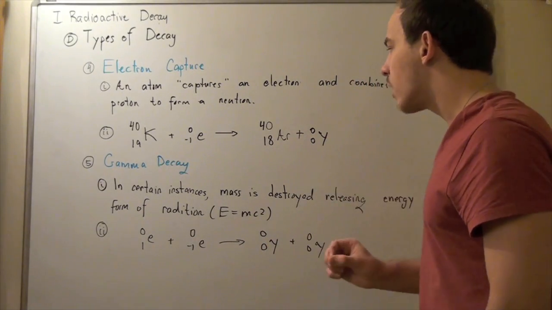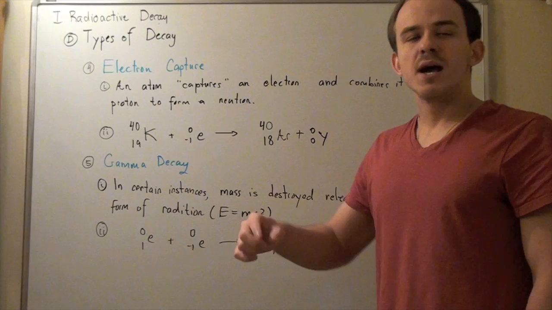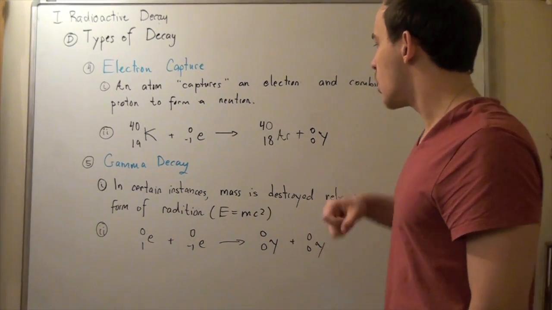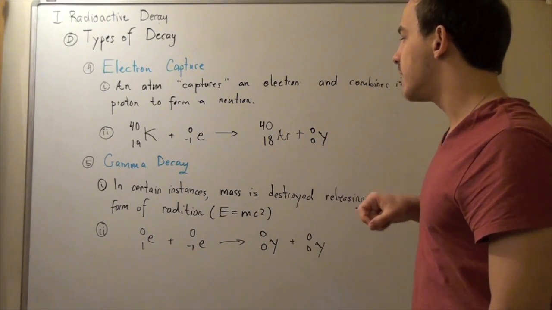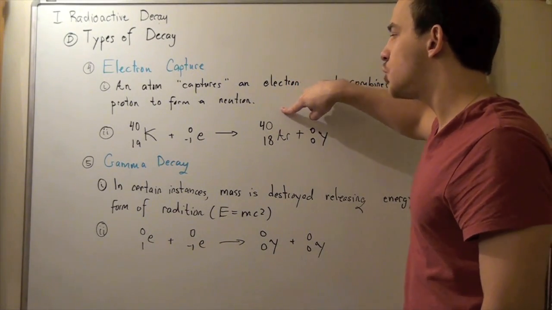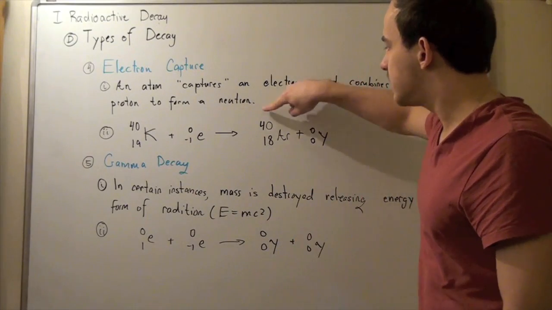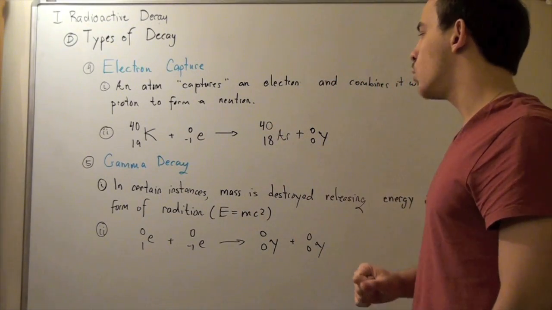So we will form another atom that has one less proton but one more neutron. So we will form an argon atom that has 18 protons and 22 neutrons, whereas here we have 21 neutrons, because 40 minus 18 is in fact 22.